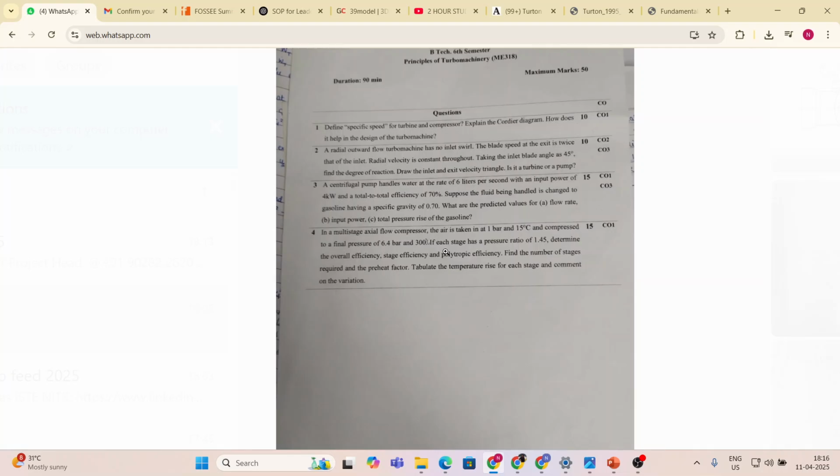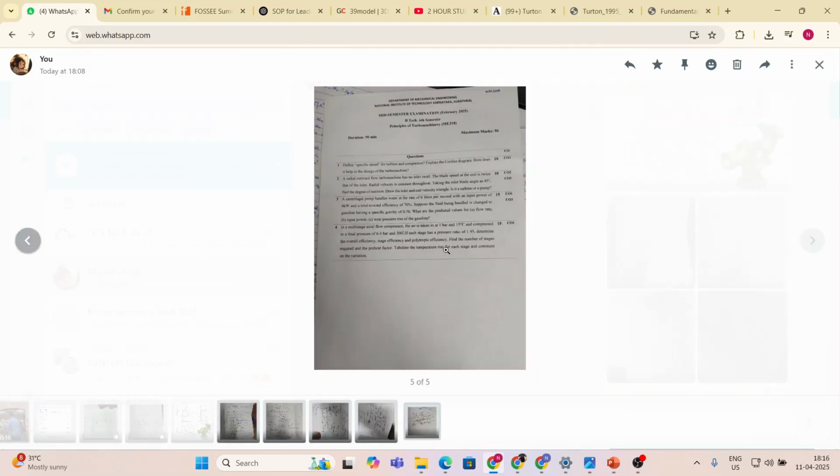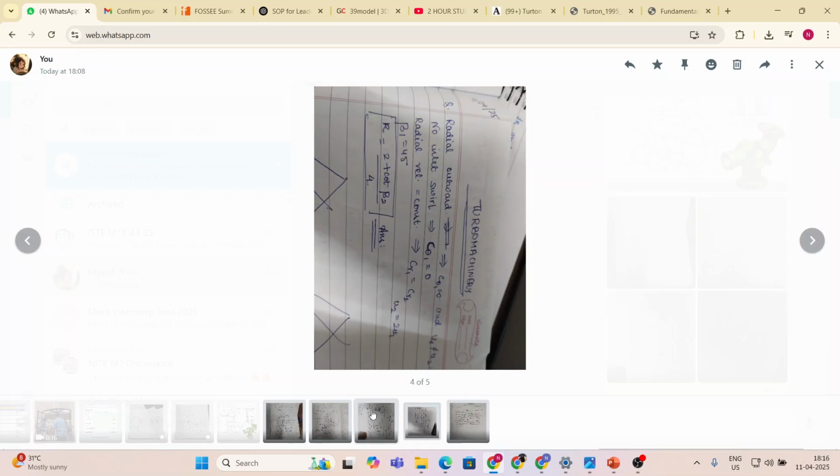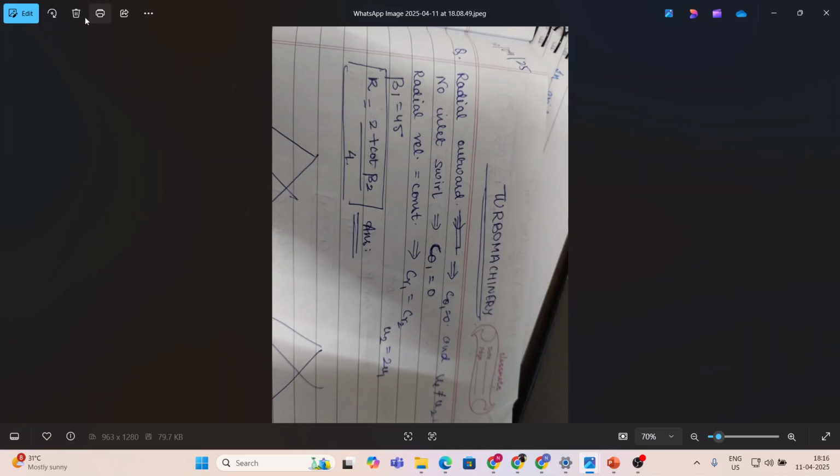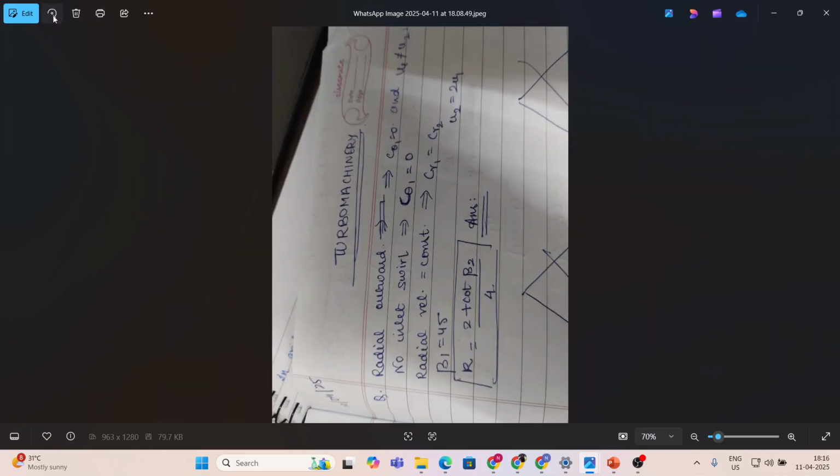Taking the inlet blade angle, beta 1, as 45 degrees, find the degree of reaction. Okay, so this is what I have done. Let me download this; I could rotate this for you guys.